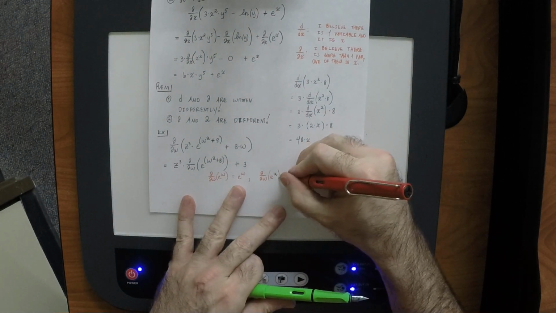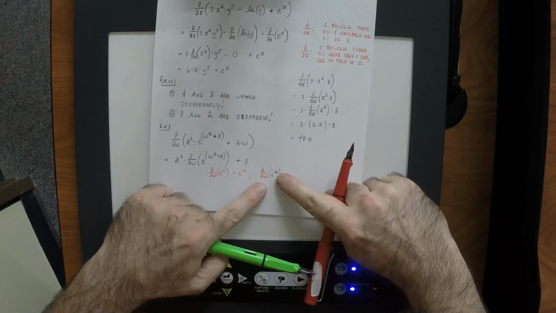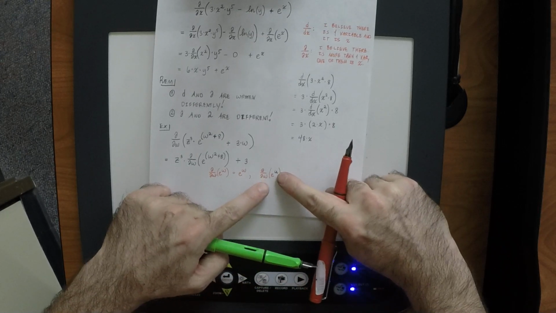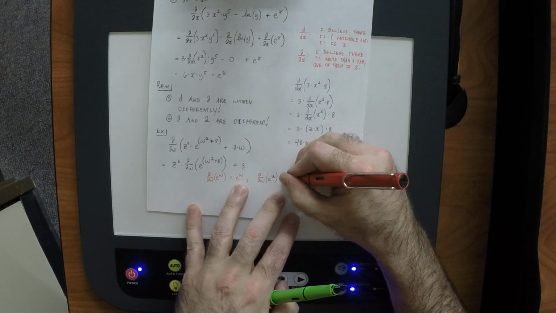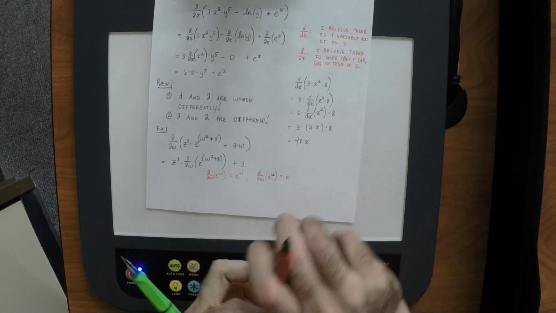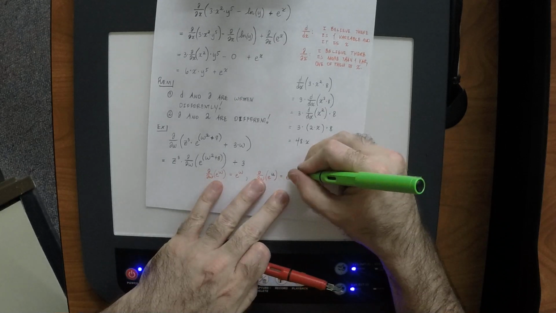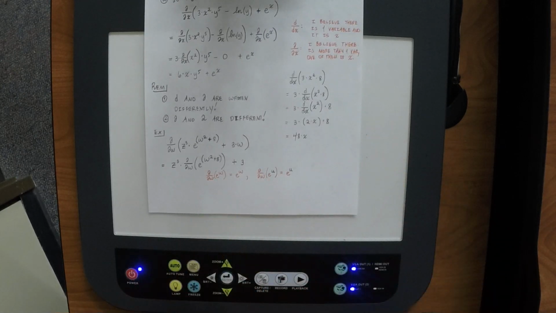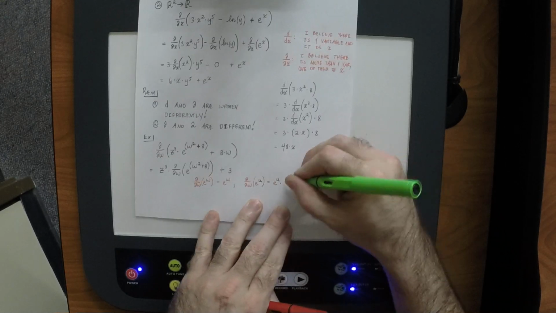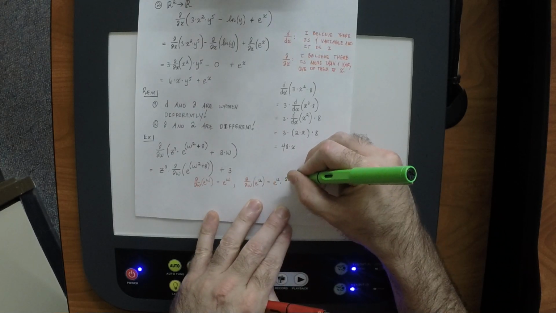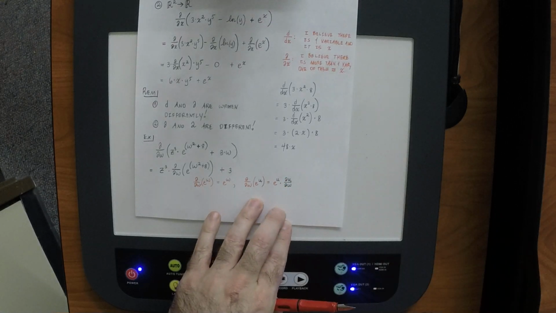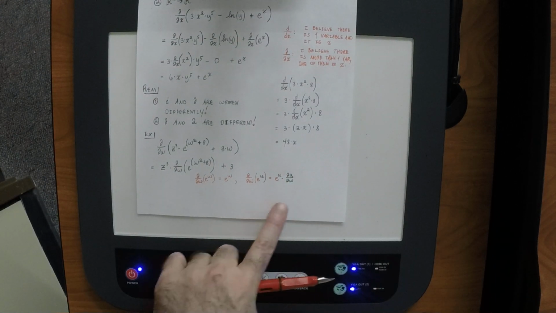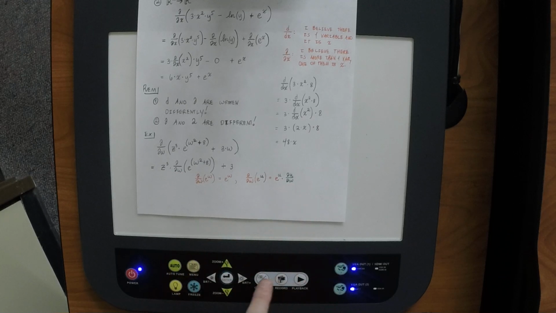Now these things are not in agreement, so w and u are not the same. As a result, the answer will be the exponential of u. And then to satisfy the chain rule, we have to multiply by the partial of u with respect to w. So that extra green bit, that's the chain rule.